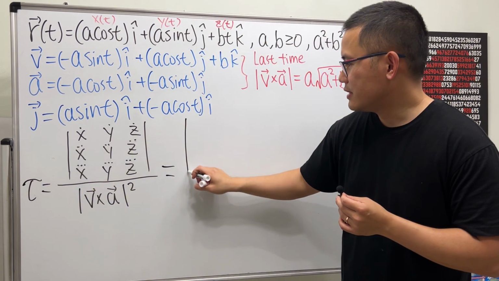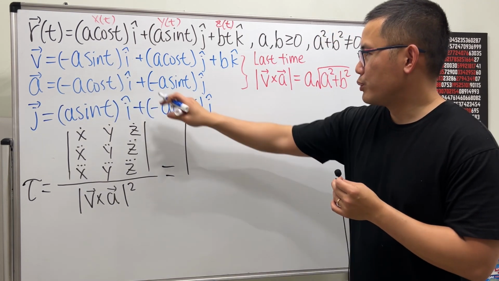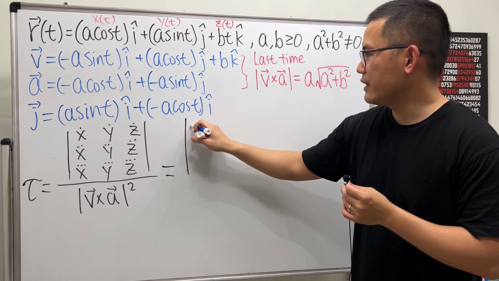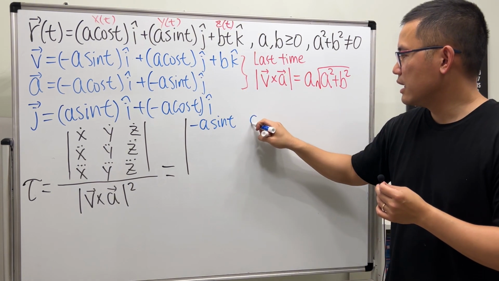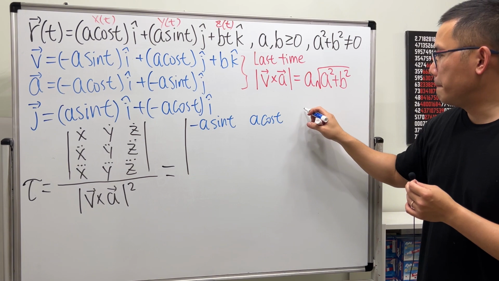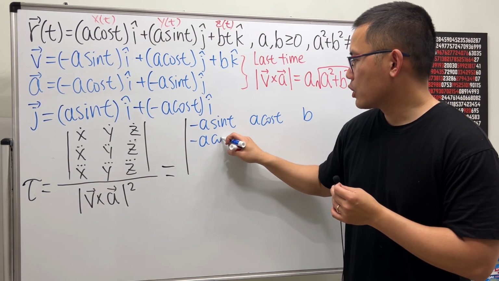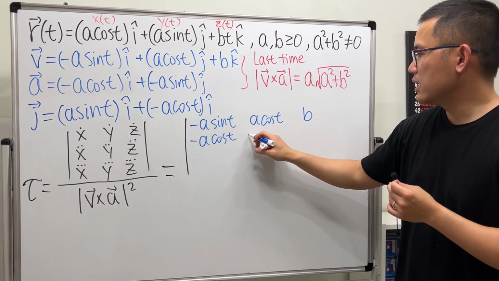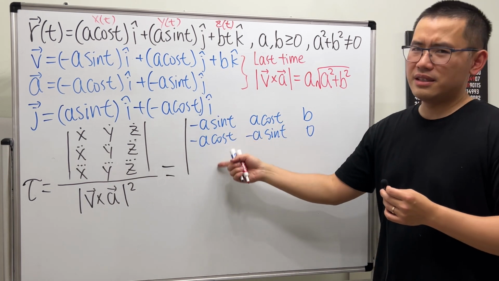Here we go. We're going to set this up. Right here, I'm just going to pretty much write this down. We have negative a sine t. Next, a cosine t and b. And then negative a cosine t, negative a sine t, 0. You can just look at this and take the derivative.